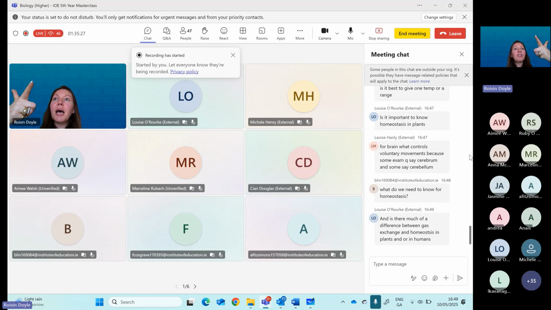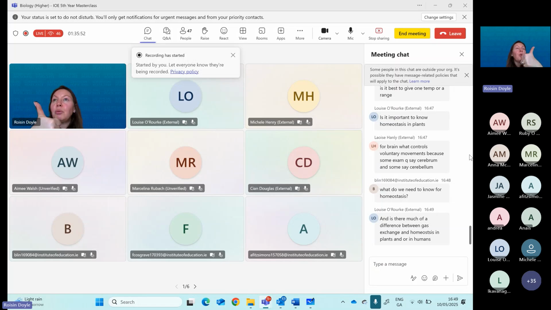Osmoregulation is an example of homeostasis. Excretion is an example. Temperature regulation is an example. Keeping the pH constant is an example. So you're linking it to the breathing system and to the excretory systems.